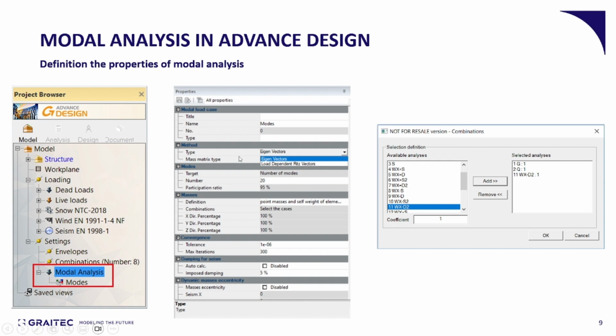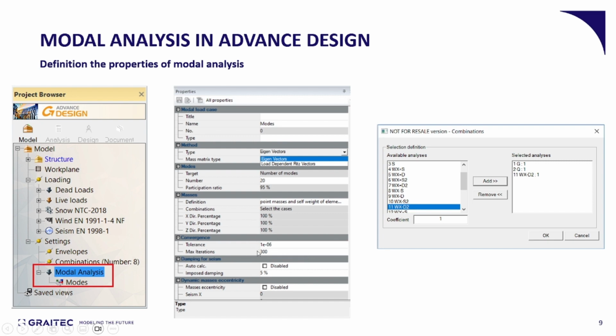For example, we can see the option of getting either eigen vectors or load-dependent Ritz vectors, the number of modes. This changes accordingly, depending on which type of analysis we use or what type of seismic masses we select.